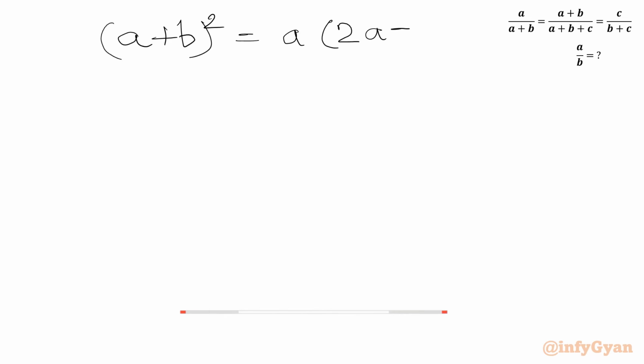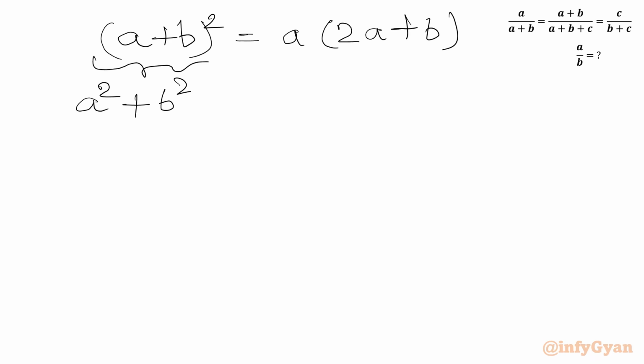So we can write A square plus B square plus 2 times AB. In RHS, A times 2A is 2A square, A times B is AB.